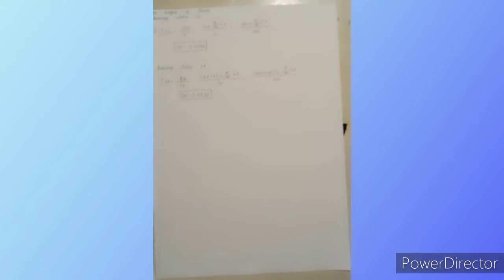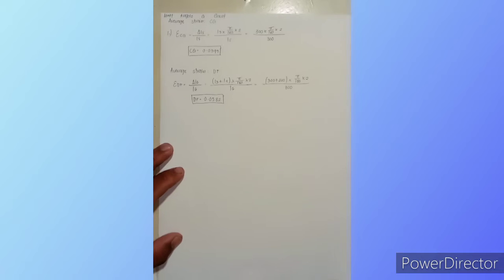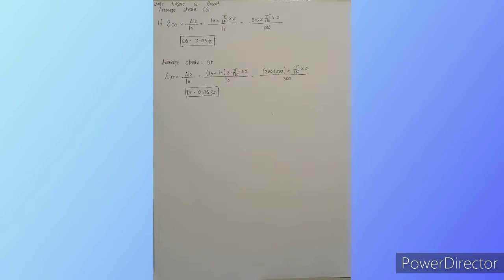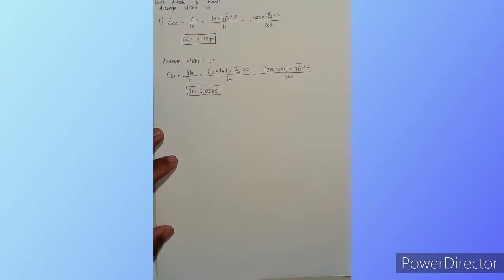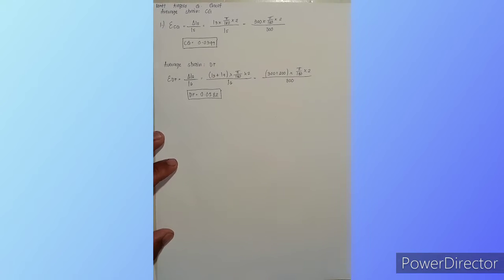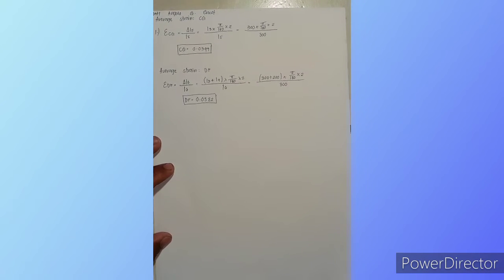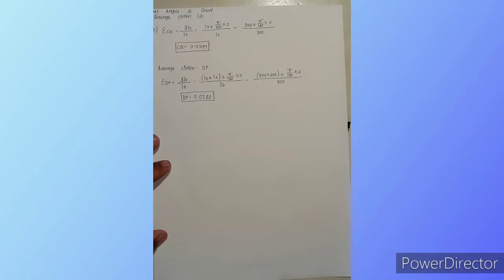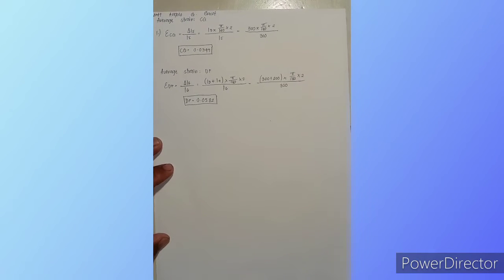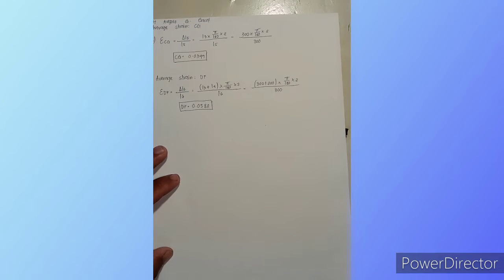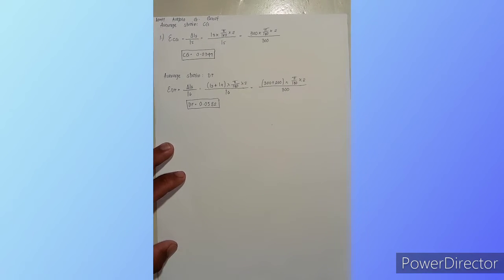So, for getting the strain along CG, it is equal to delta L5 all over L5 is equal to L3 times pi all over 180 times 2 all over L5, which is 300 times pi all over 180 times 2 all over 300.